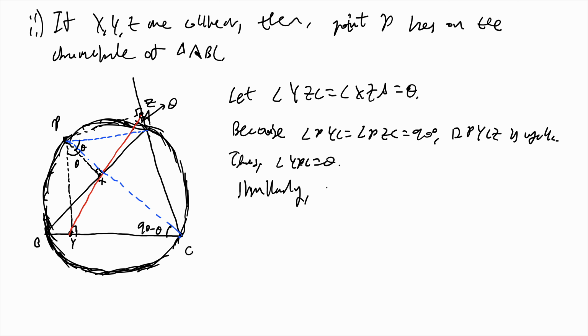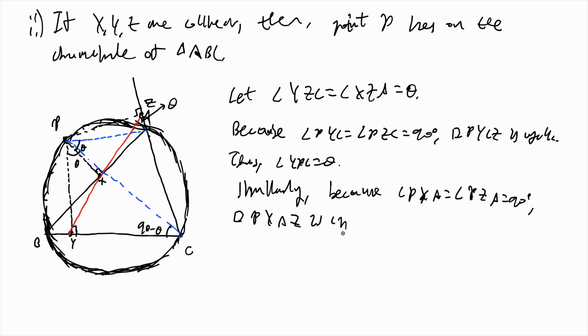Similarly, because angle PXA equals angle PZA equals 90 degrees, quadrilateral PXAZ is cyclic.